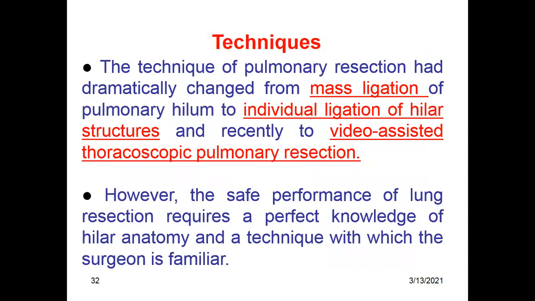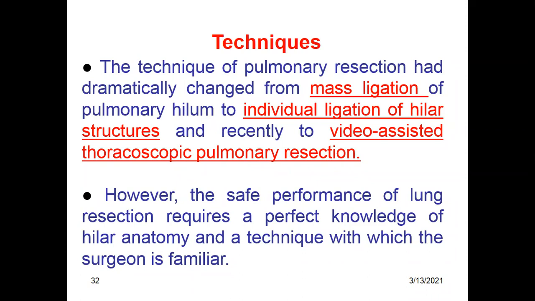The techniques of pulmonary resection have dramatically changed from mass ligation of the pulmonary hilum previously to individual ligation of hilar structures, and recently to video-assisted thoracoscopic pulmonary resection. So there is a development of new procedures or new techniques. The old technique is mass ligation of the hilum.